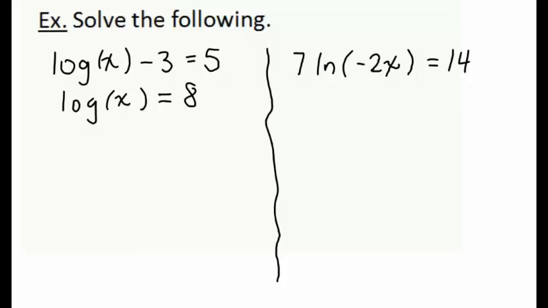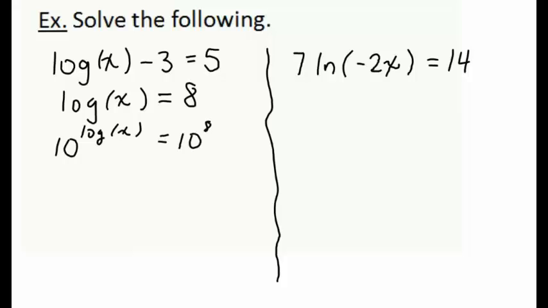Now that the logarithm is by itself on the left-hand side, we look to the base of our logarithm. In this case, it is base 10. So because it's base 10, what we can do is raise both sides of our equation using 10 as a base. So here we'll get 10 to the log base 10 of x equals 10 to the 8.